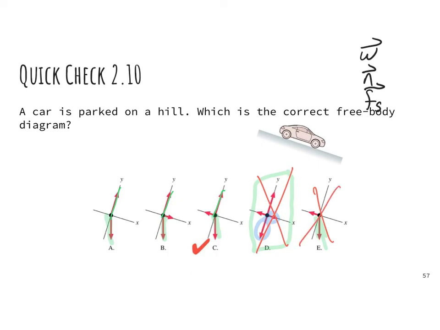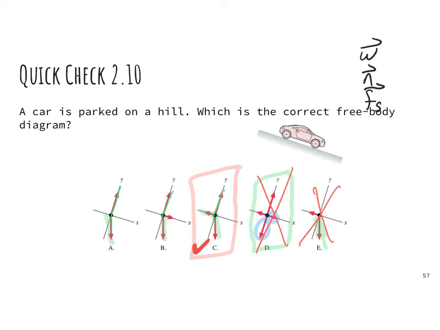And finally, we have friction. Friction has to be opposing the motion, which we get in C. So gravity wants to pull it down the hill, and the friction is keeping it up the hill from the brakes or from the parking brake on the car, which makes C our correct answer.